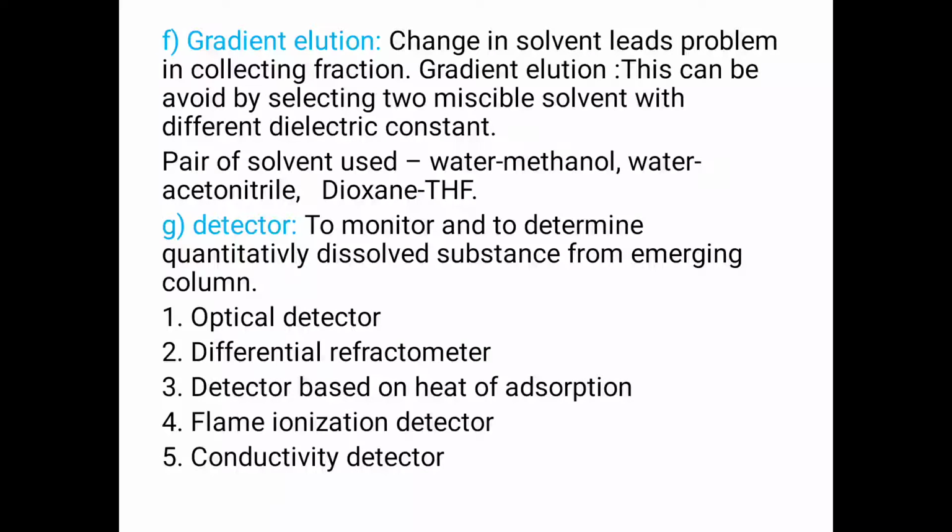Then detectors based on heat of adsorption. These detectors are also known as micro adsorption detectors. In this type, the liquid emerging from the column is passed through two cells, one located on top of the other, while the lower cell is filled with an adsorbent.